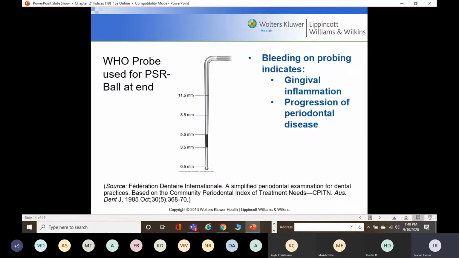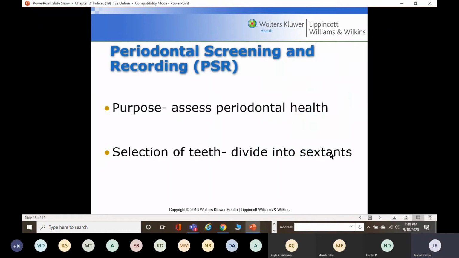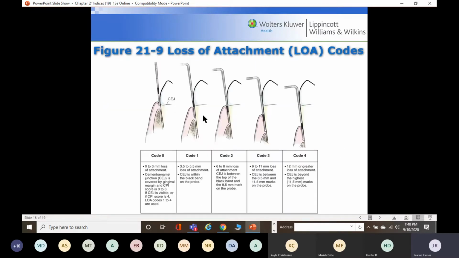So it's very important. And they score it a different way. PSR stands for periodontal screening and recording. They want to assess the perio health, and they divide the mouth into sextants.